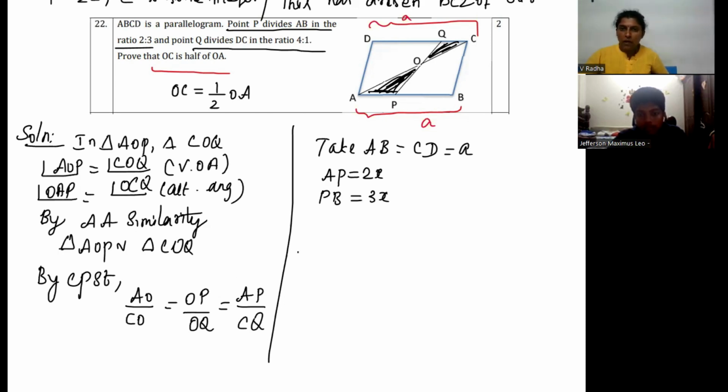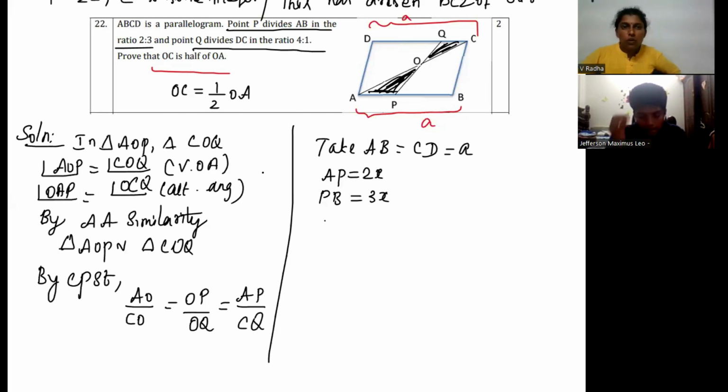So 2x plus 3x is equal to A, that is 5x. So x is equal to A by 5, correct? Yes, ma'am. So AP by CQ only. Here CQ is needed.